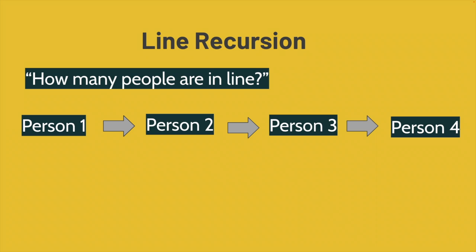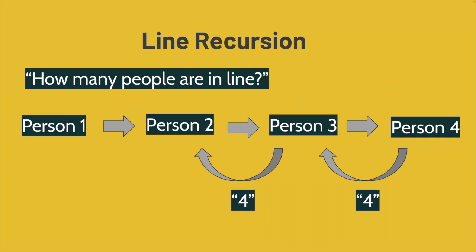Person 4 is at the front of the line, and so person 4 tells person 3, "Hey, there's 4 people in line," because we're at the end of the line. Person 3 then says thank you and turns around and tells person 2, "Hey, there are 4 people in the line."